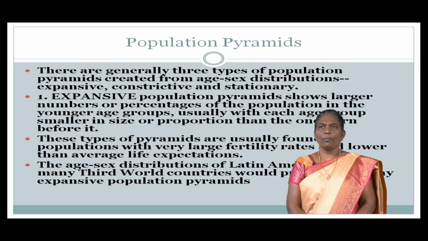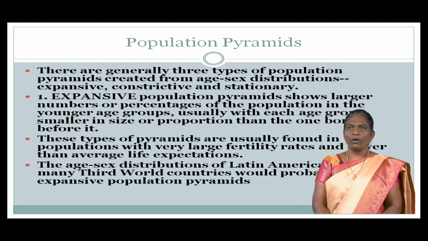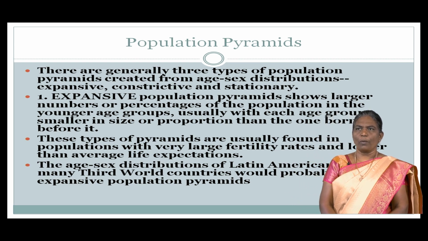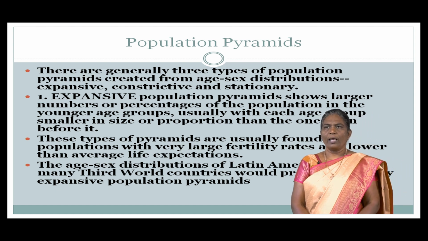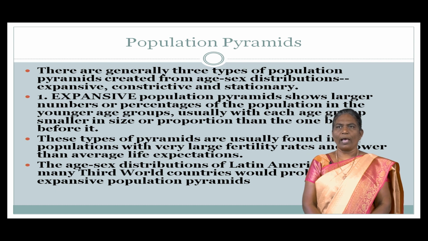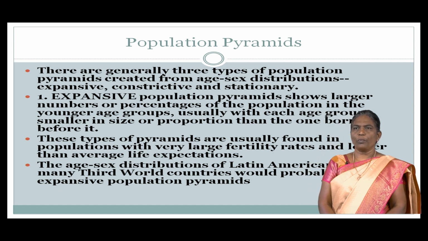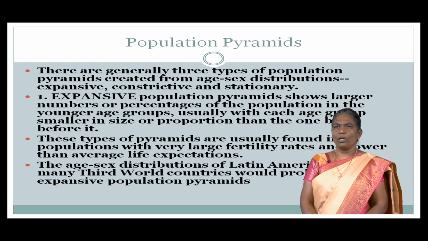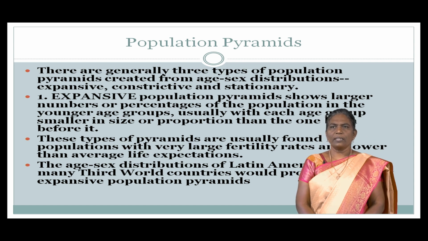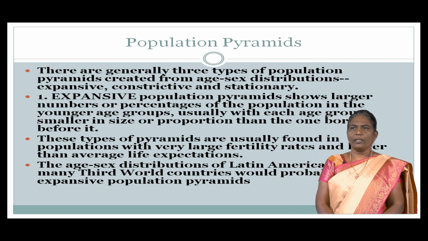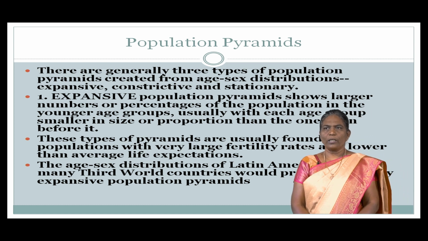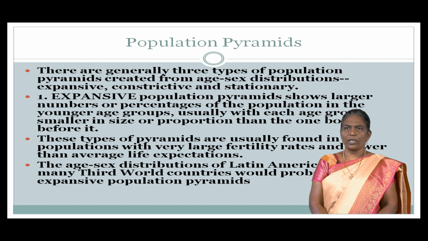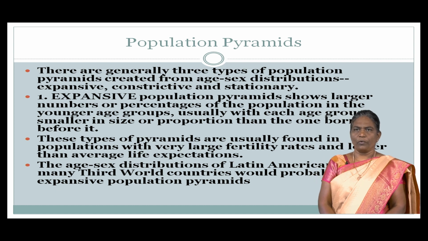The next is about population pyramids. There are generally three types of population pyramids created from age-sex distributions: expansive, constructive and stationary. Expansive population pyramids show larger numbers or percentages of the population in the younger age groups, usually with each age group smaller in size or proportion than the one born before it.